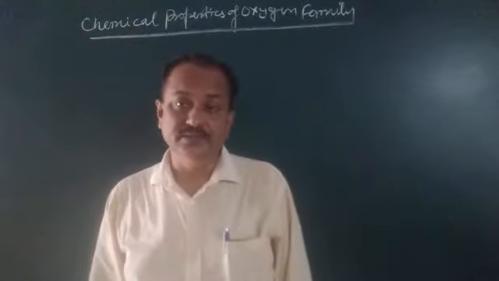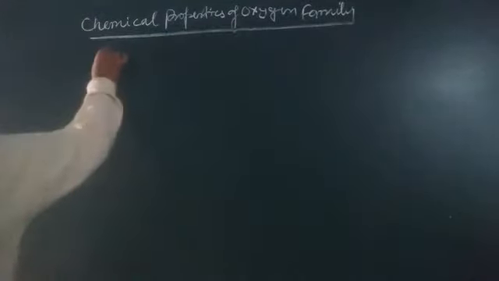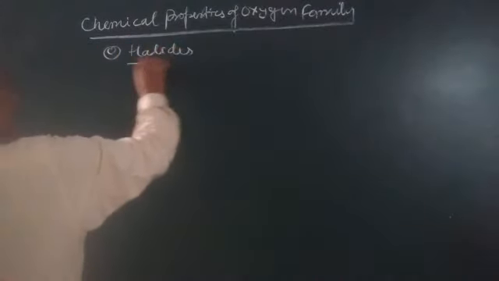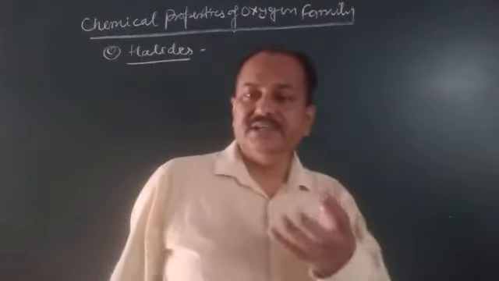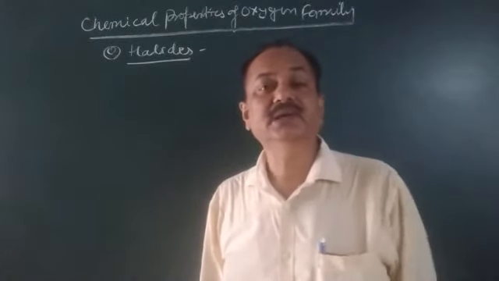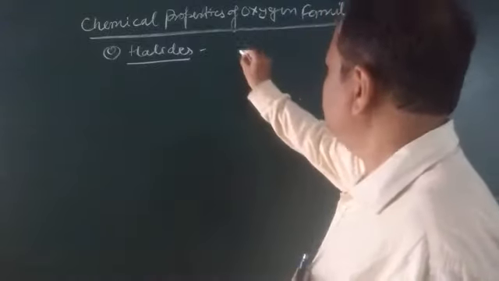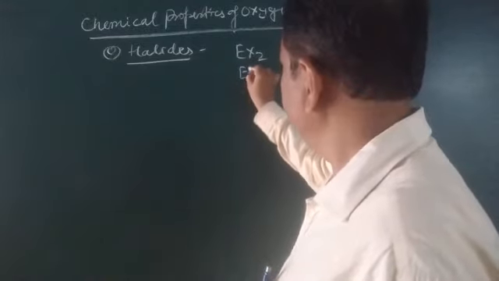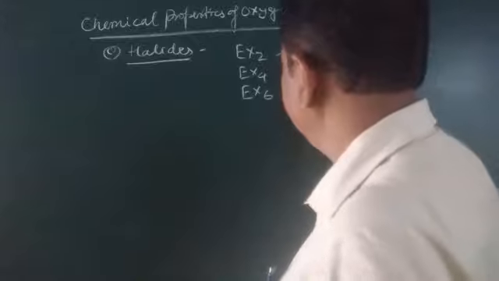Now I am going to explain the last part, that is the formation of halides. The halides of the oxygen family have a wide range of characters, and the halides are formed in different categories, like EX2, EX4 and EX6.